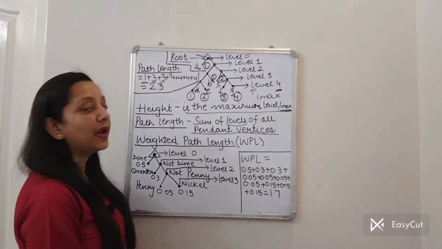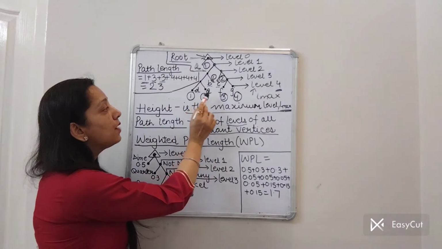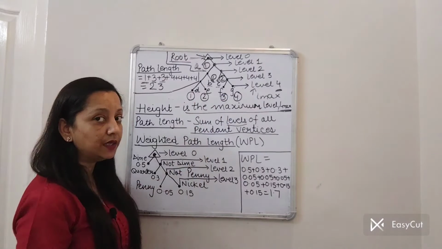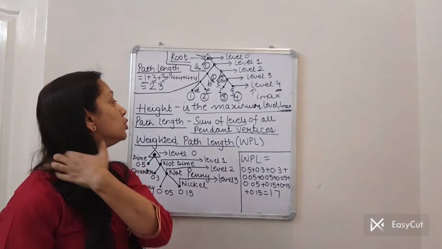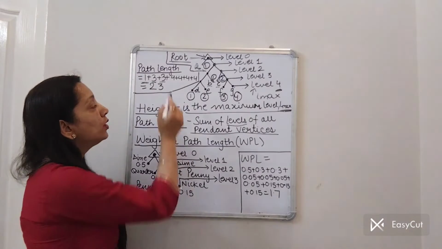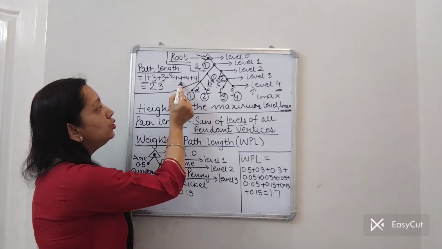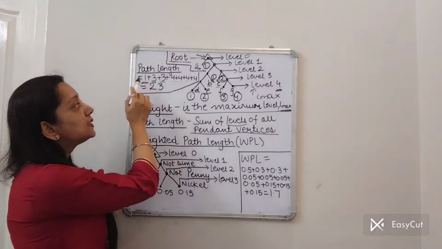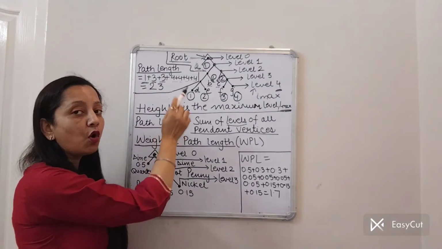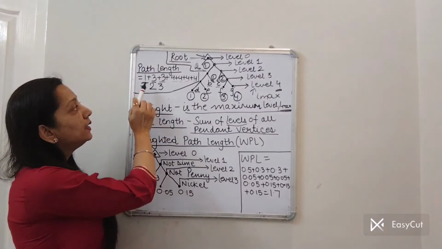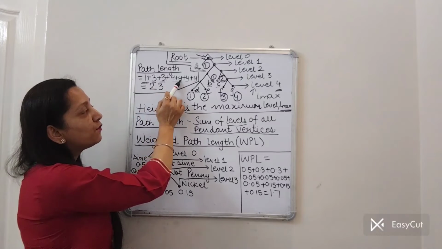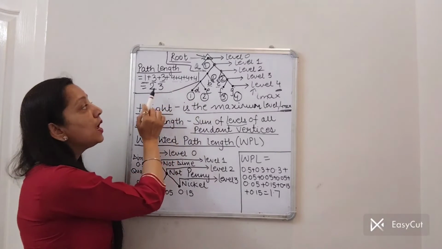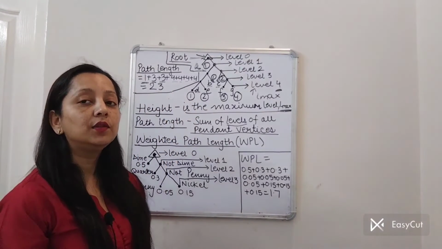Now I come to level 4 and I see that at level 4 I have 4 pendant vertices, right? Since I have 4 pendant vertices at level 4, I will write 4 four times. 1, 2, 3, 4. So the sum of the levels of all the pendant vertices, that is 1 plus 3 plus 3 plus 4 plus 4 plus 4 plus 4, gives me 23.